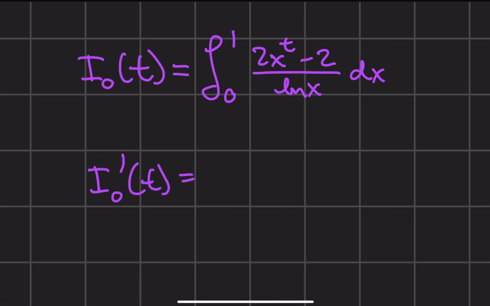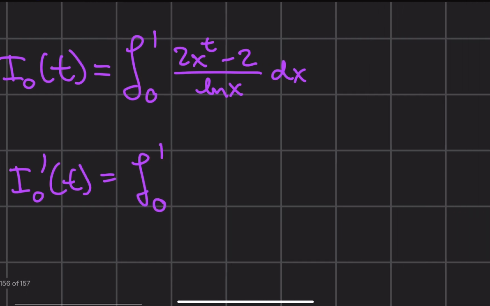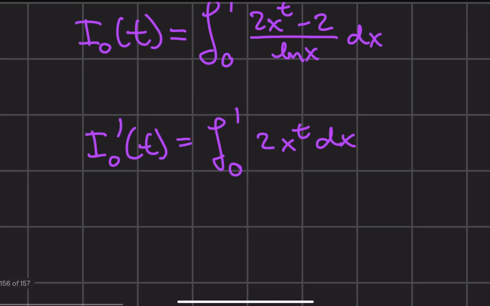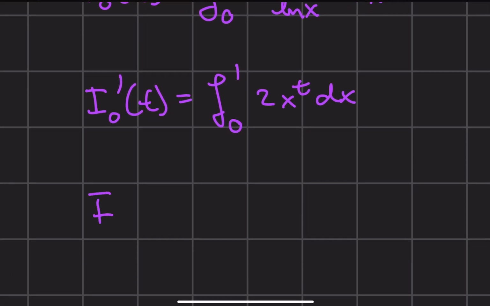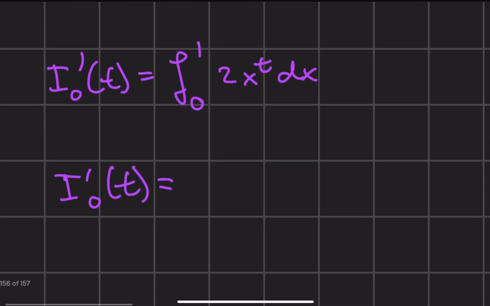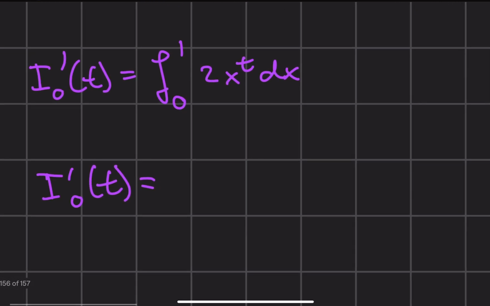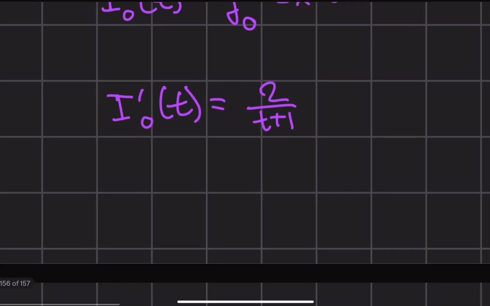So let's differentiate under the integral partially, and I'm not going to bother with the partials. This means that the derivative of I naught of t, our second parameterized integral, is going to be 2 over t plus 1.